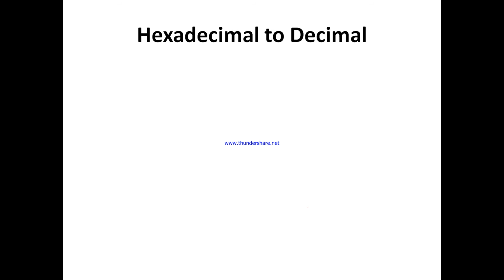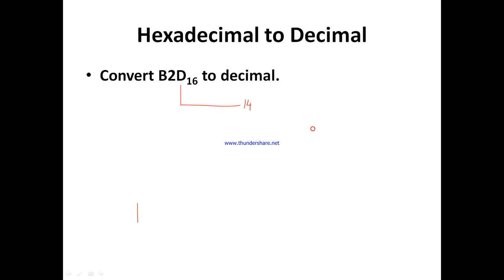The next one is hexadecimal to decimal conversion. Like the same way, we need to convert this one. For example, this D is mentioned here. D is actually 14. So 14 into 16 power 0, then 2 into 16 power 1.